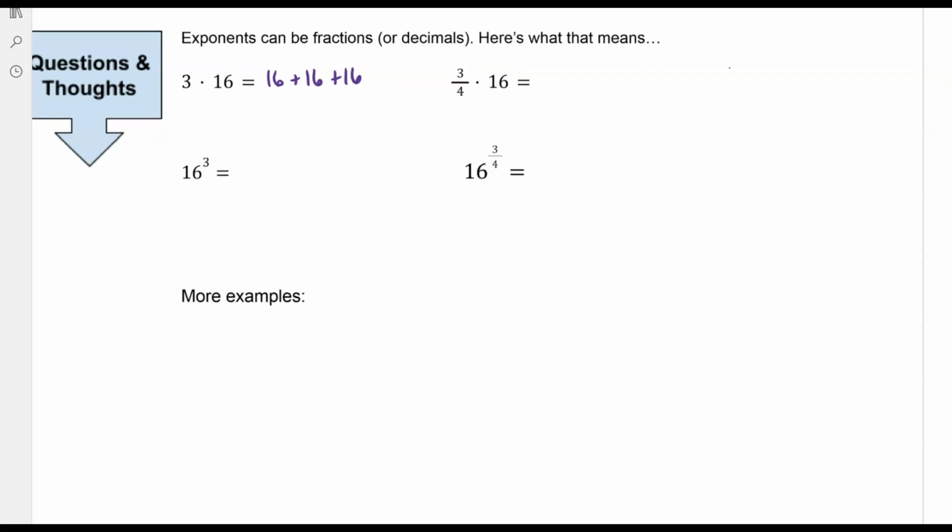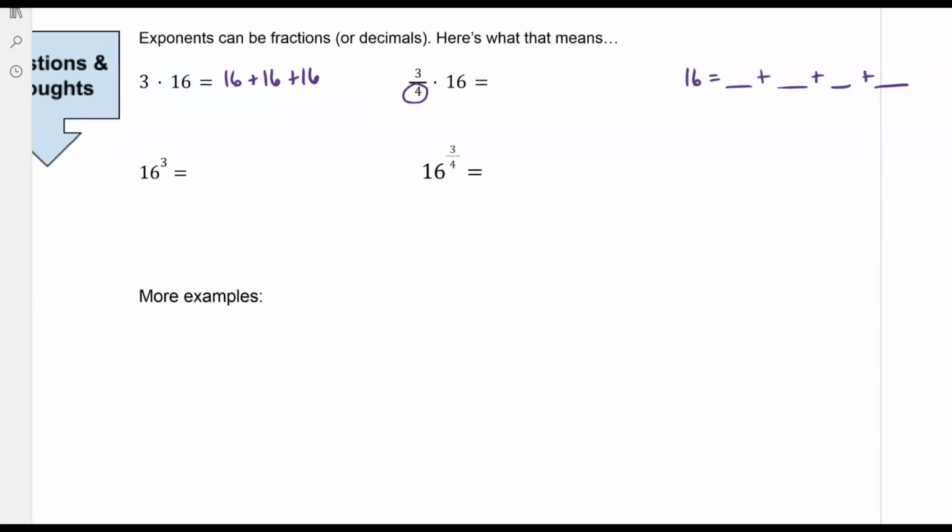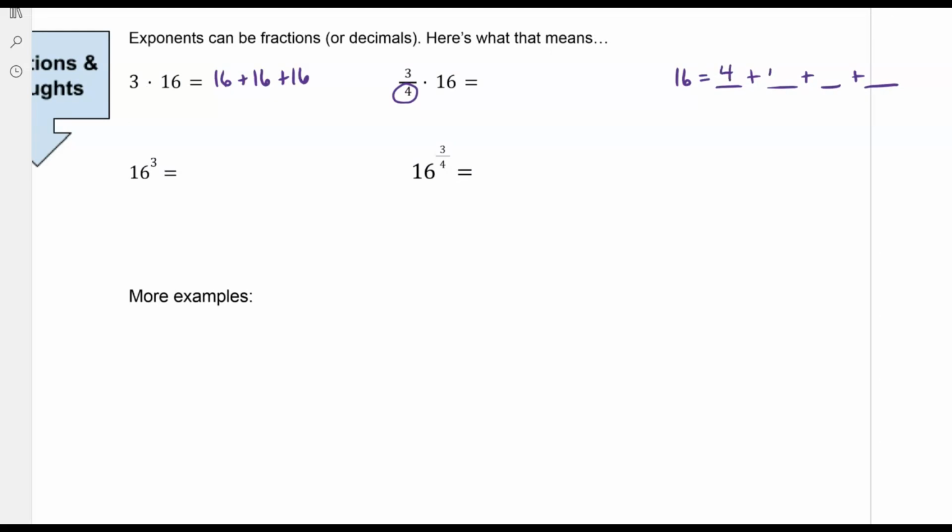So what I need to do is take my 16, and I want to come up with 4 blanks. And the number in each of these blanks, or each of these terms, needs to be the same number. But when I add those numbers together, I should get 16. So I could guess and check a little bit, but 4 plus 4 is 8, 8 plus 4 is 12, and 12 plus 4 is 16.